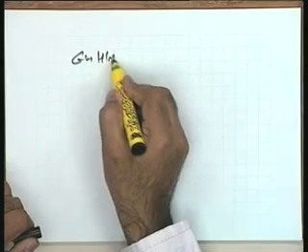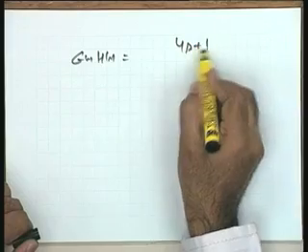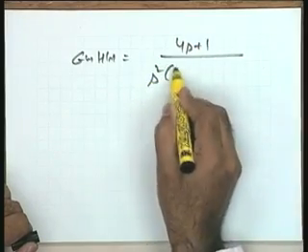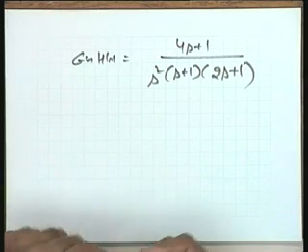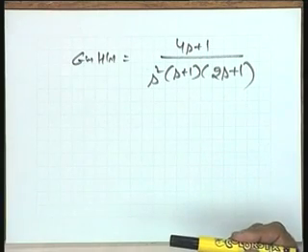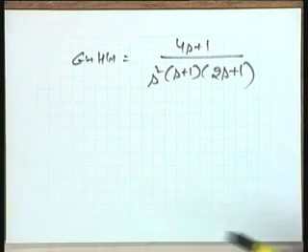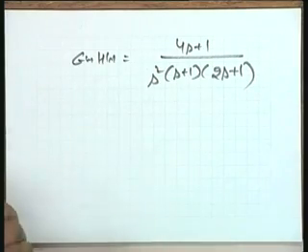G(s)H(s) equal to 4s plus 1 divided by s squared into s plus 1 into 2s plus 1. Answer this question and we come out of the Nyquist stability criterion. Come on please, 4 points you get from me, at least roughly the idea you give me.